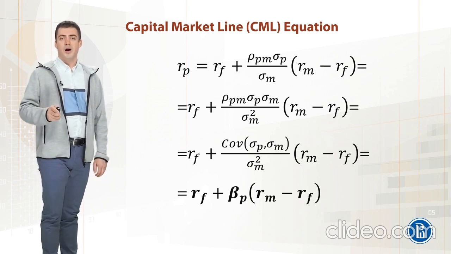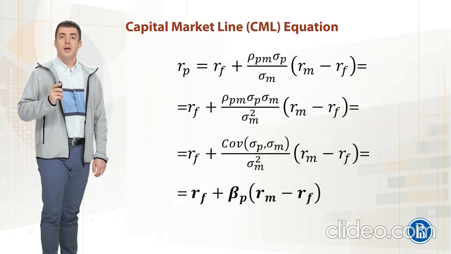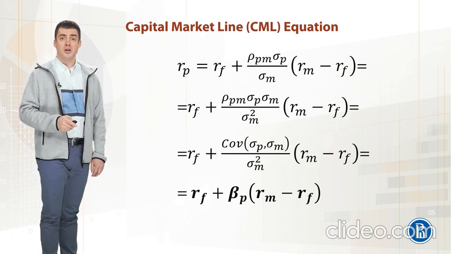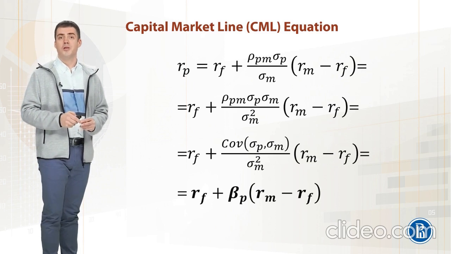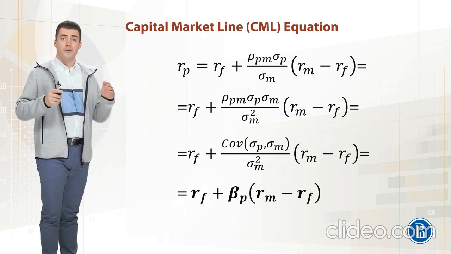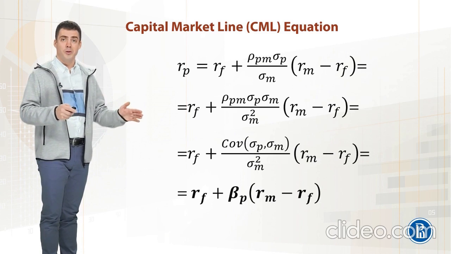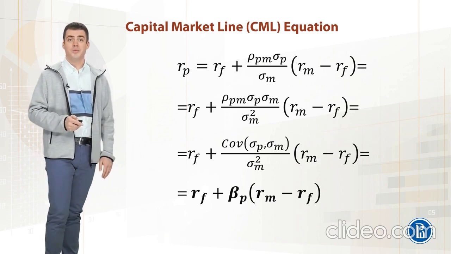The last part of the equation is called the beta coefficient, and this is the ratio which shows the sensitivity of return of the given portfolio to that of the market.